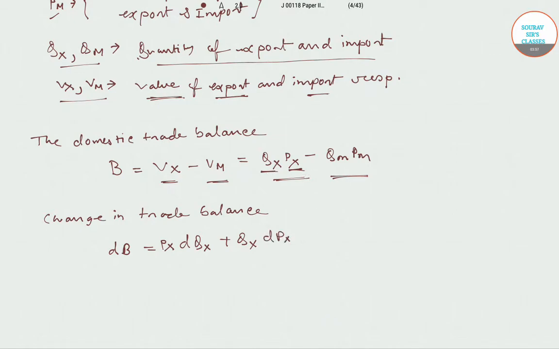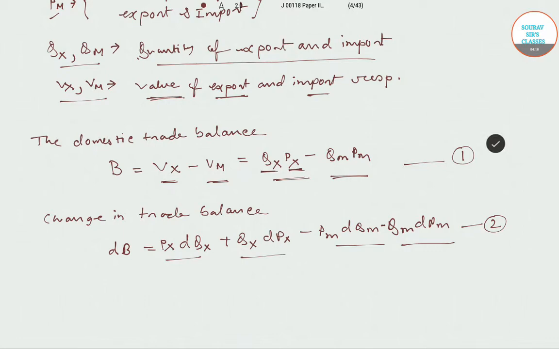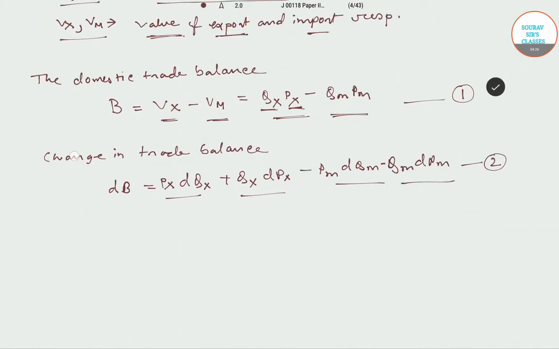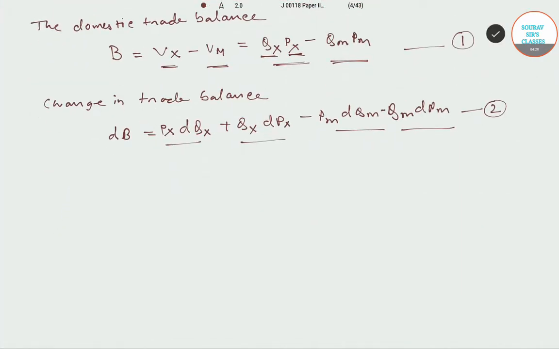It is the simple UV method we are solving it by, and there will be another minus term for imports. We denote these as condition 1 and condition 2.